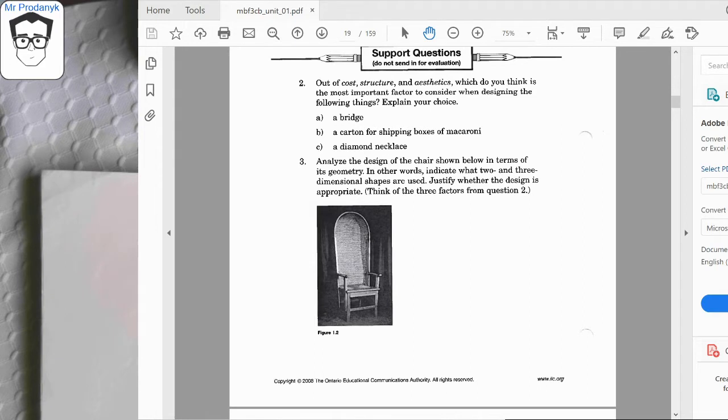When you're designing jewelry, you're usually looking more for the aesthetic component first. It would also need to be structurally sound, because somebody's going to buy a diamond necklace and they don't want it to fall off their neck. It's going to be an expensive cost for them, and so I would think that cost is probably the least important of those things.